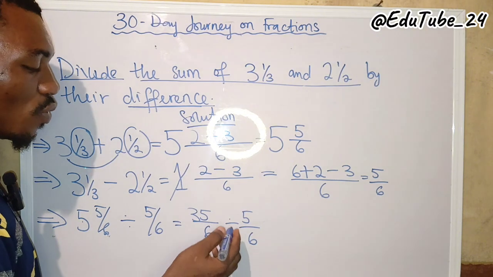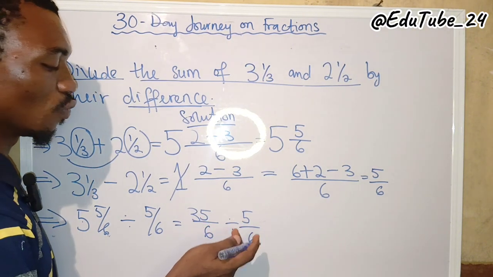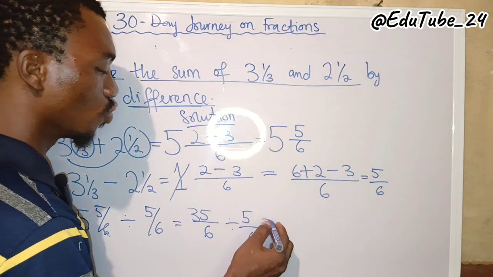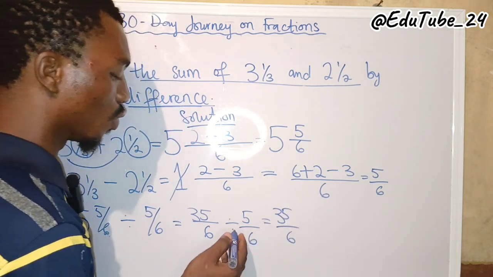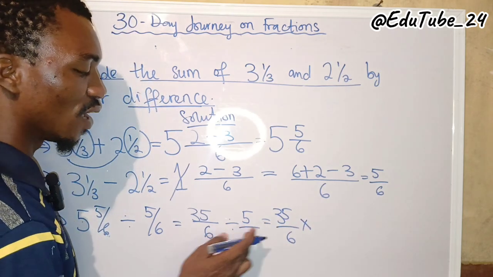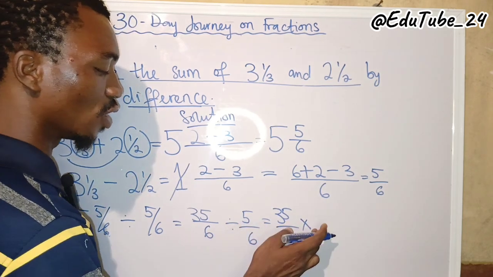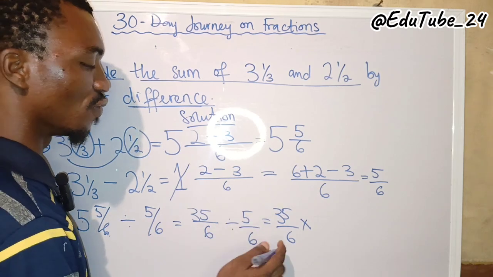So then remember what we said, we don't divide fractions in a straightforward pattern like this. We have to do two things. First of all we write 35 over 6, we convert the divide sign into times, and converting this divide sign into times, we condition this 5 over 6 to invert.